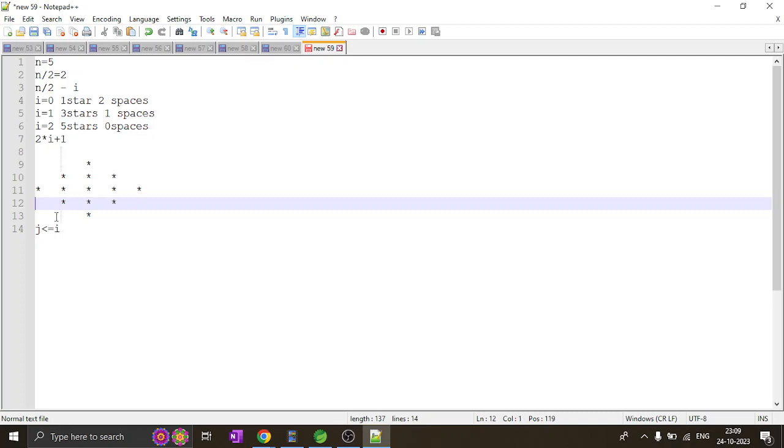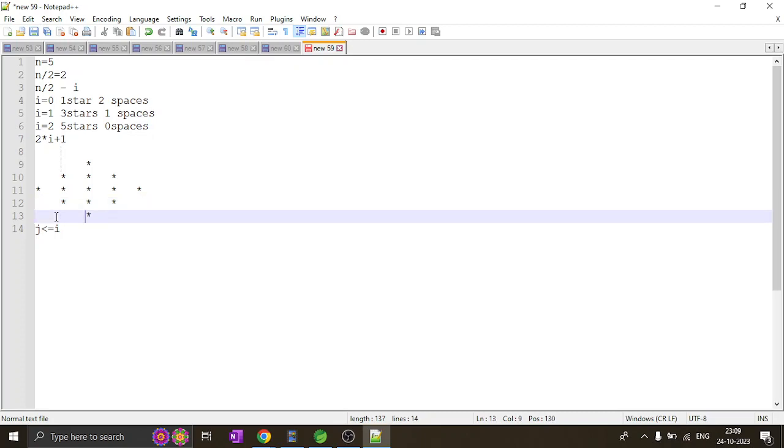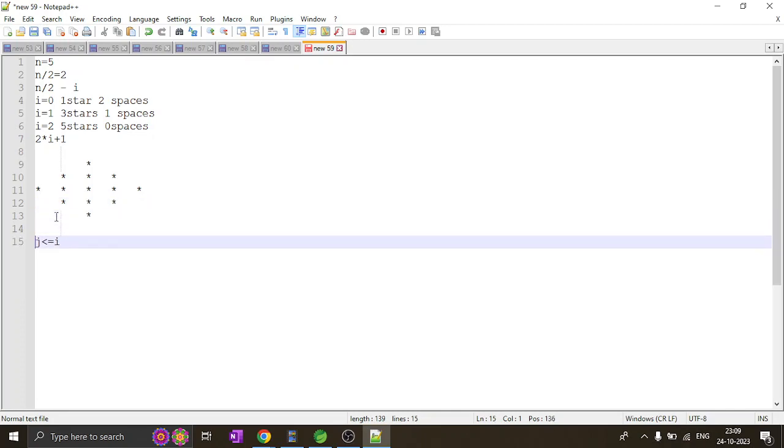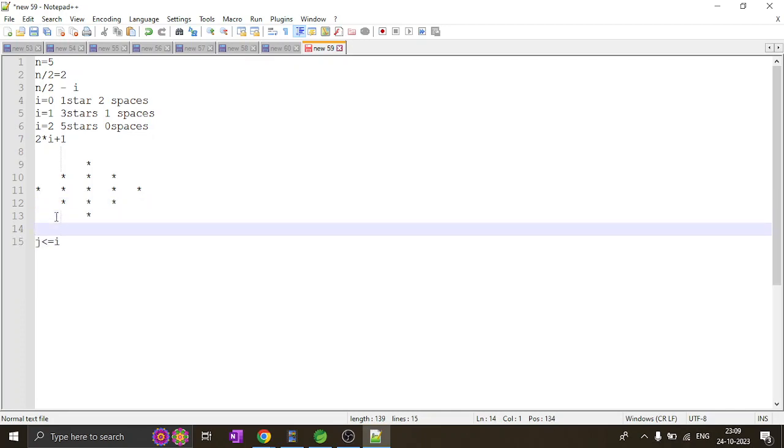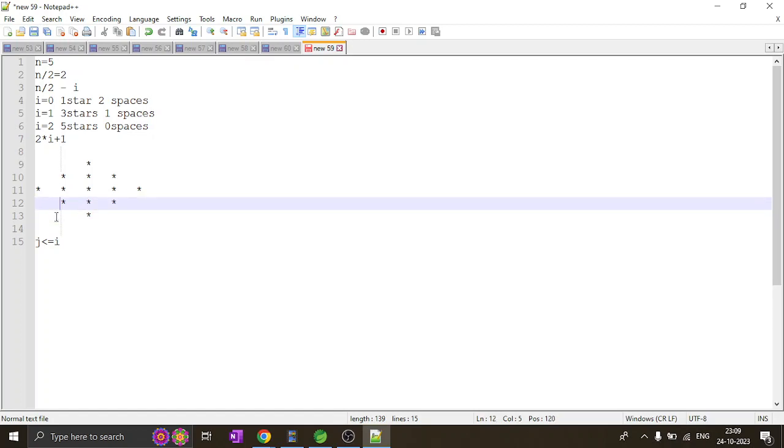And j is equals to 0, we'll print one space. Yeah, this condition will work. And then we have to print this, right?